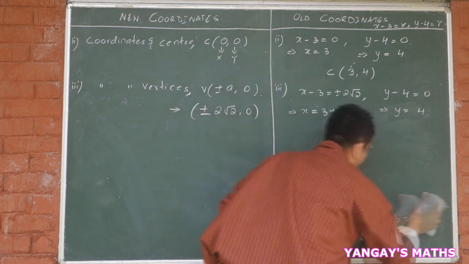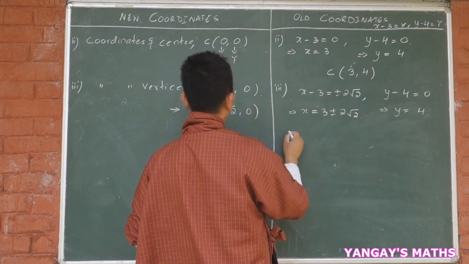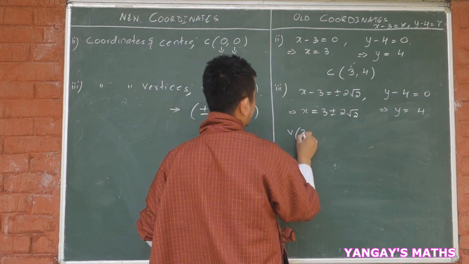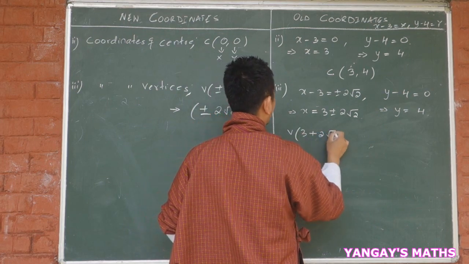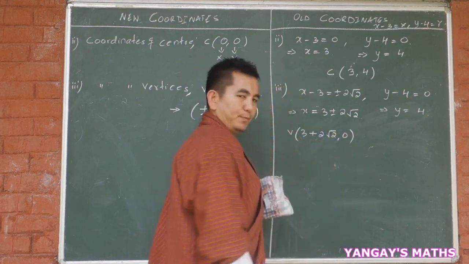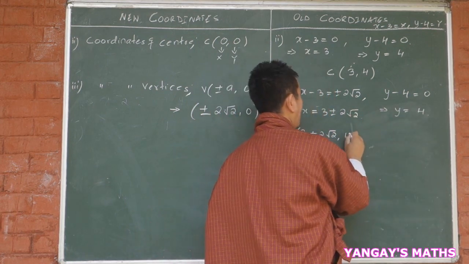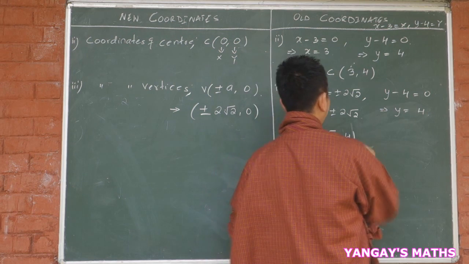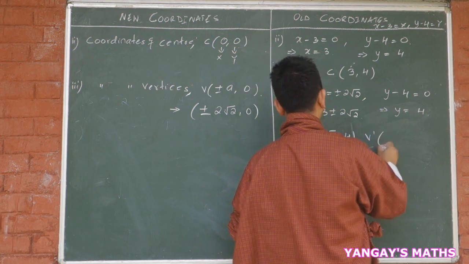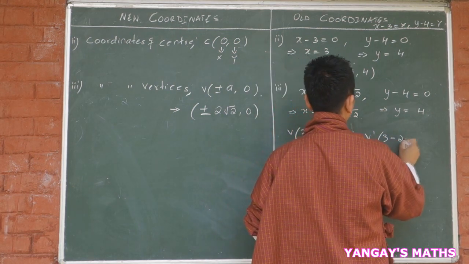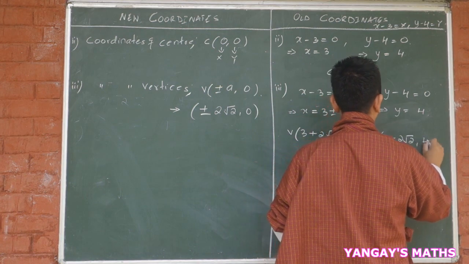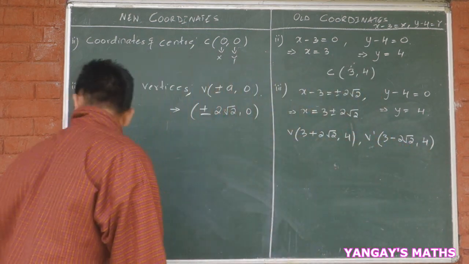So therefore, when you write coordinate points, make sure you write one vertex point is 3 plus 2 root 2, 4. Y value is 4 here. Another point is V dash, here it is 3 minus 2 root 2, 4. That's it for the vertex.